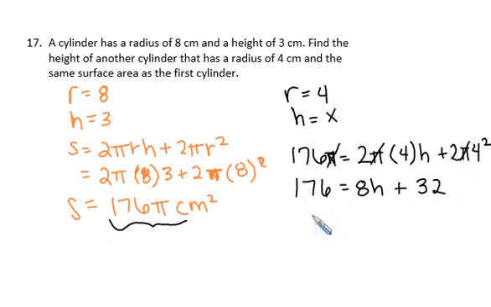I'm going to subtract 32 from 176, and that gives me 144 is equal to 8h. So when I divide by 8, I get that h is equal to 18. So the height of this second cylinder has to be 18 in order for it to have the same surface area as the first cylinder.